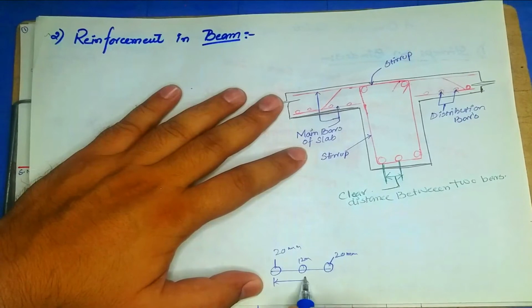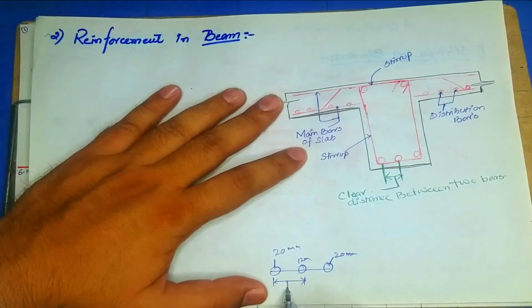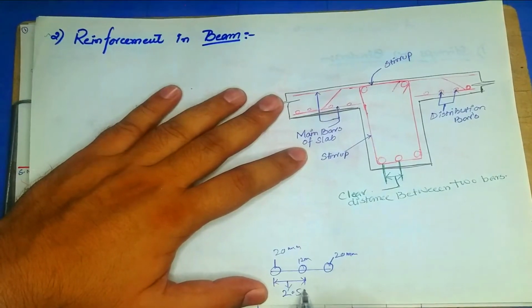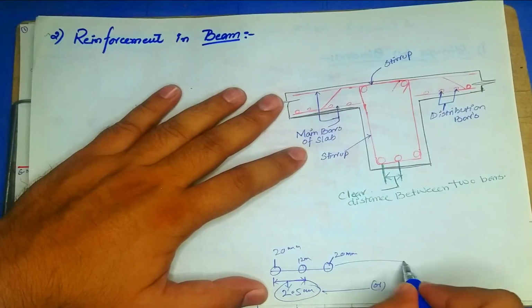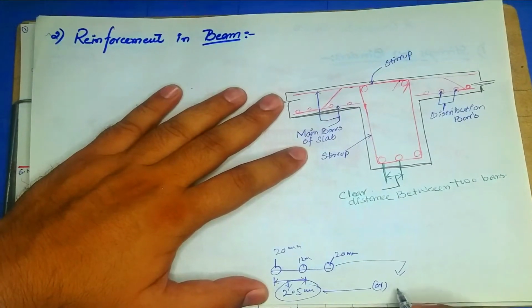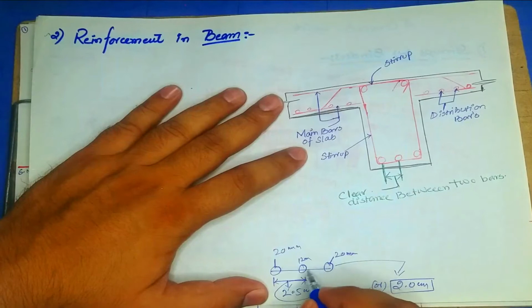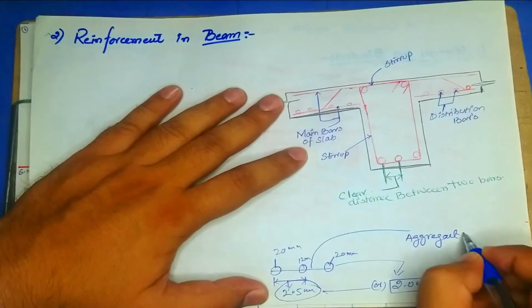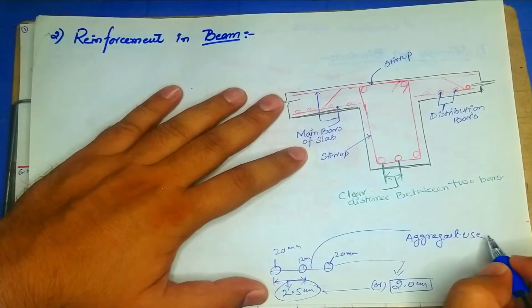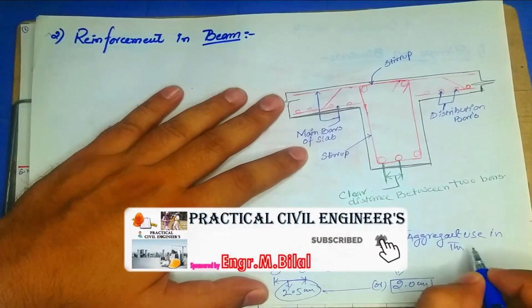So the distance between these two bars in the same layer should not be less than 2.5 centimeter, or the diameter of the larger steel bar, which is 2.0 centimeter, or the maximum size of aggregate used in the beam.